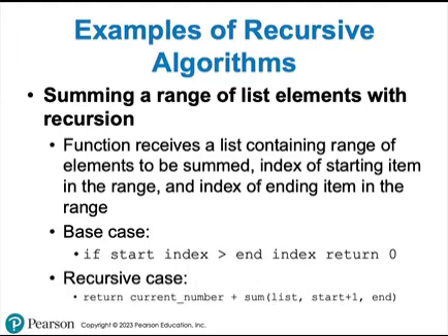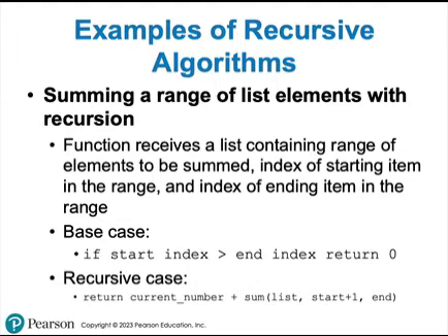This is one of those examples where, yes, this can be solved with recursion, but it is not necessarily the best way to do that. So our base case is if we're at the end of the list, then we're done, return 0, because adding 0 to any value is going to give you that value back.